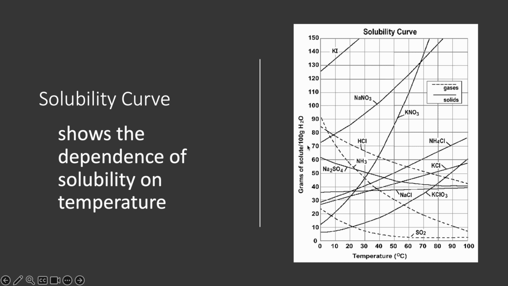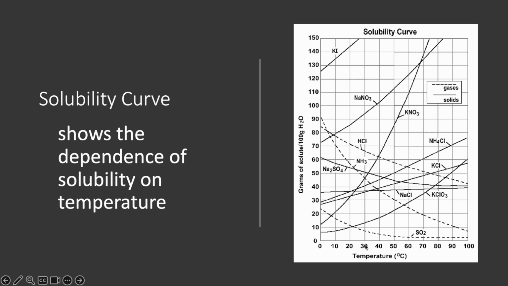Now, why did they use 100 grams of water? Well, they had to use something. You can transfer things to 50 grams of water by cutting this in half, but they had to use some amount to show solubility. I want to take a minute to read these solubility curves. They're pretty easy. Questions might come up like, if the temperature is 30 degrees Celsius, how much KCl will dissolve in 100 grams of water?